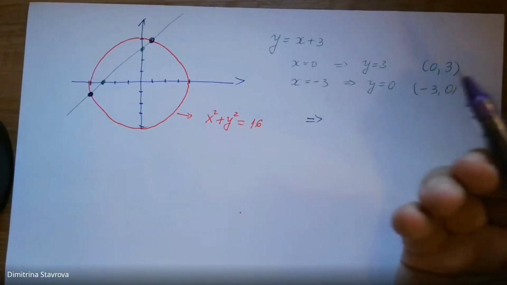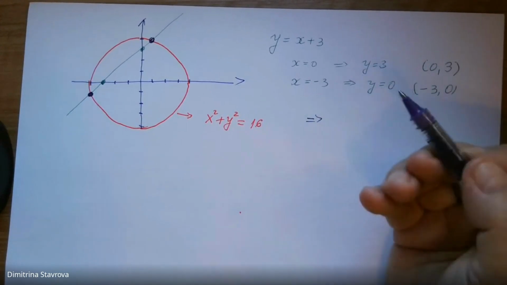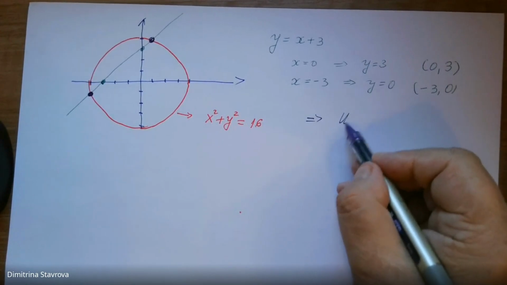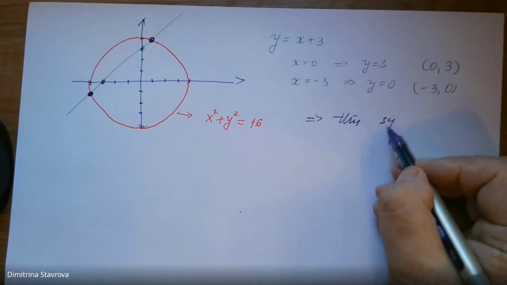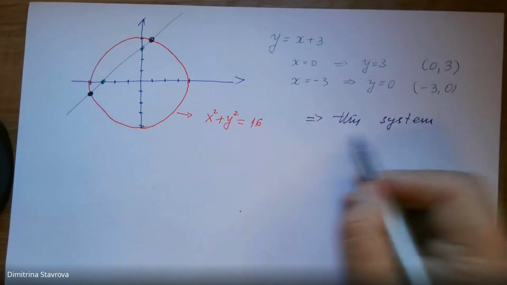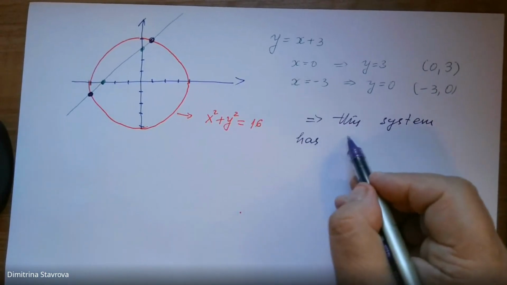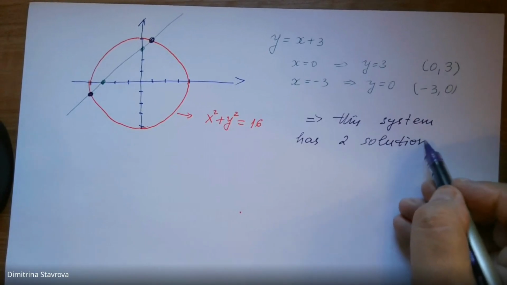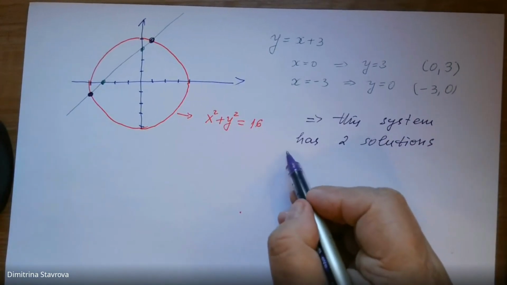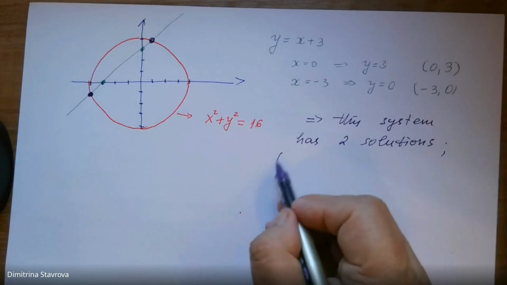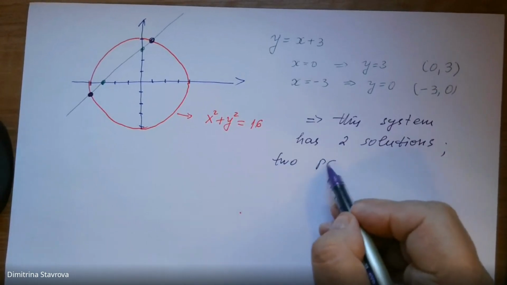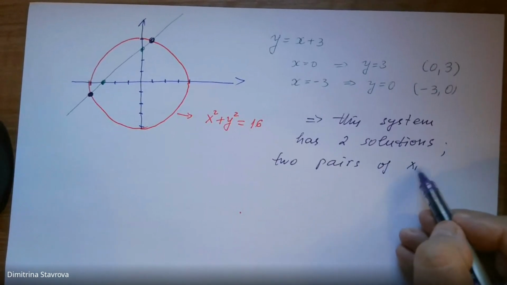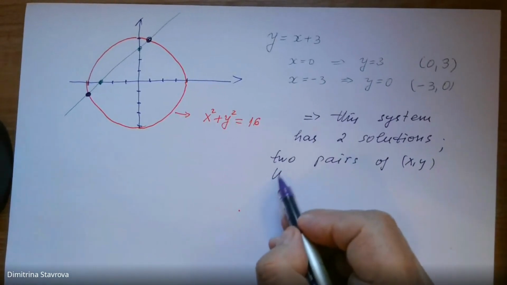Hence, from the geometrical interpretation, we see that this system has 2 solutions. In other words, 2 pairs of x, y that satisfy it.